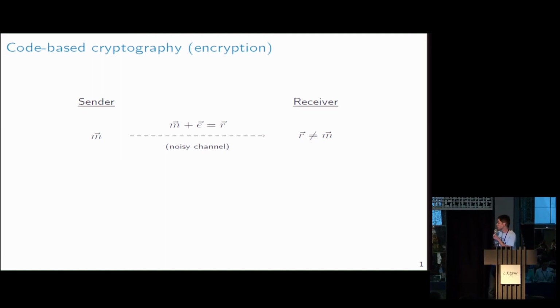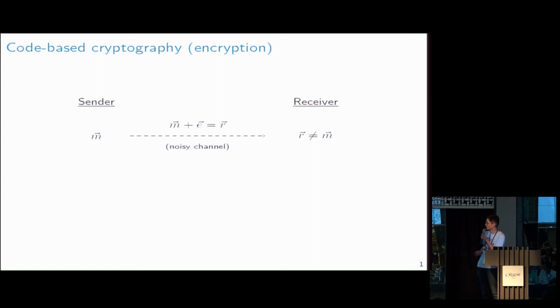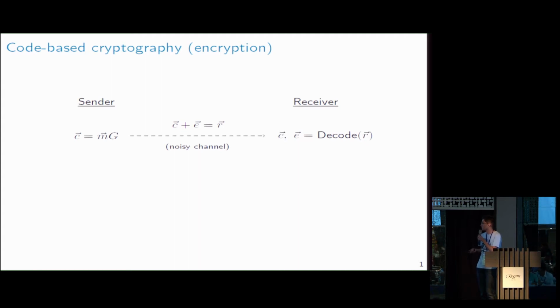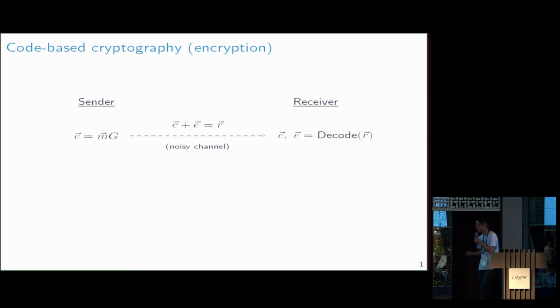In coding theory, we want to deal with the problem of sending a message through a noisy channel. If we just send the message M directly to the receiver, then maybe some error will be added to this message, and the receiver cannot get the correct message. So what we do in coding theory is encode the message by multiplying it with a generator matrix G to add some redundancy and to make it a code word.